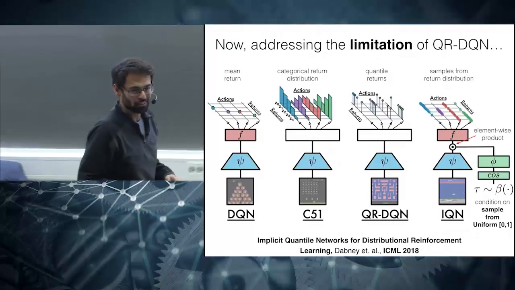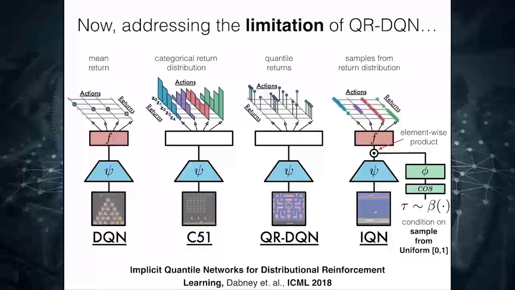And another idea, this is from this year, ICML. So here we are using the one that I just mentioned. We have fixed the quantiles, and we're trying to find the returns that fall for those quantiles. Now we are going to learn this quantile distribution implicitly. Remove another assumption or discretization.